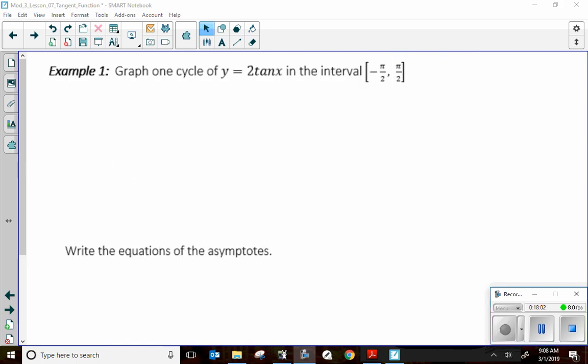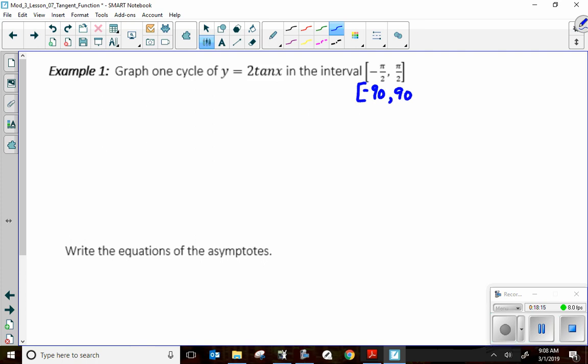All right. Graph one cycle of y equals 2 tan x from the interval. Now, I know this is going to be from -90 to +90, okay? I'm going to convert those to degrees to make them easier for myself. Okay, my amplitude is 2.